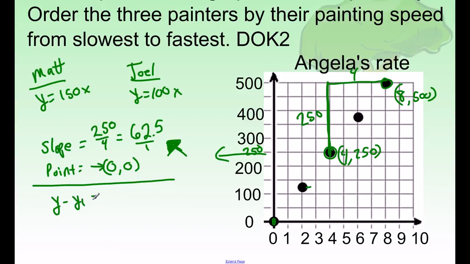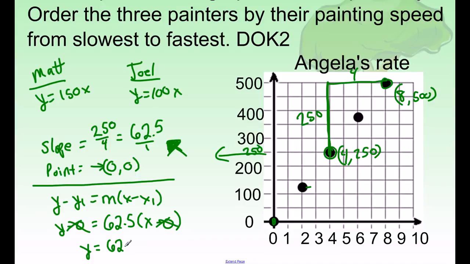Y minus y1 equals m times x minus x1. Y minus the point equals the slope times x minus the point. This cancels. This cancels. Y equals 62.5x.